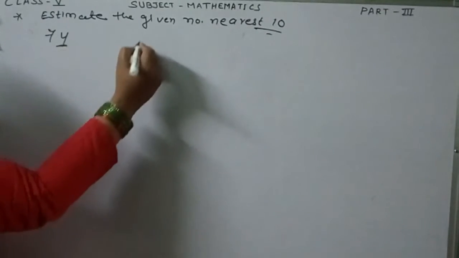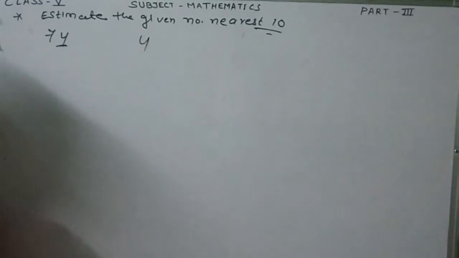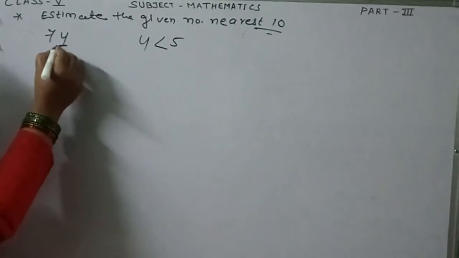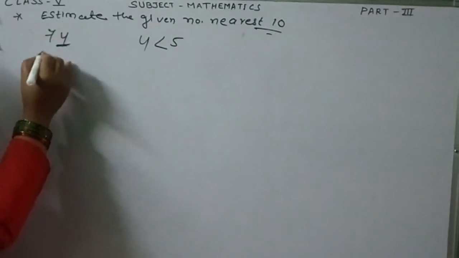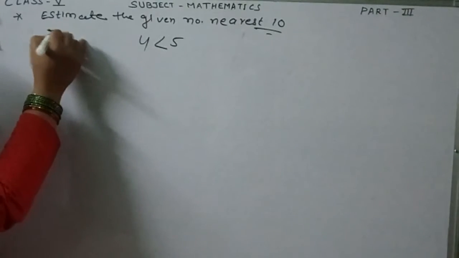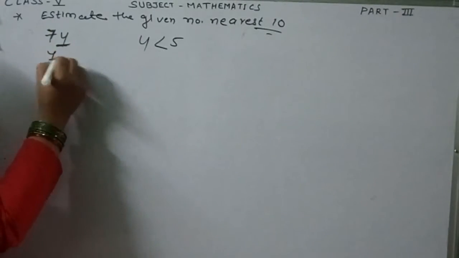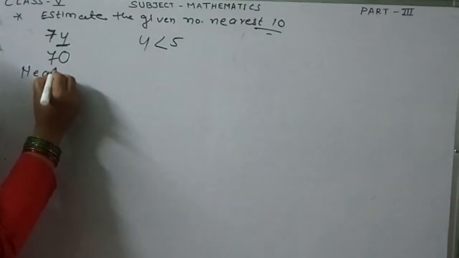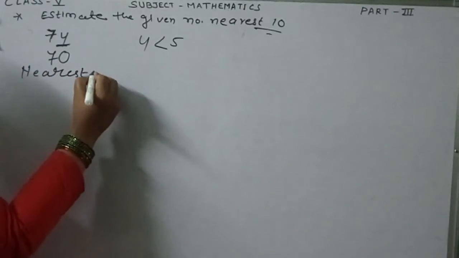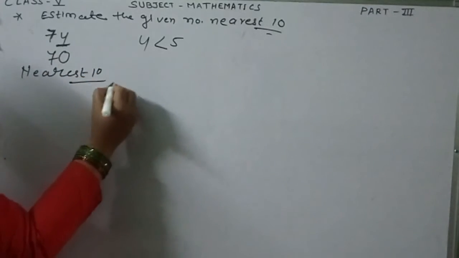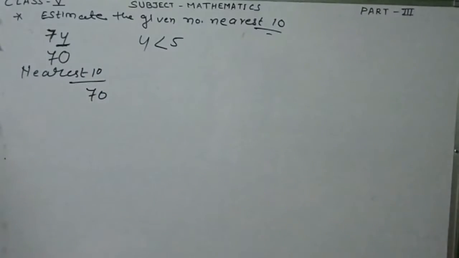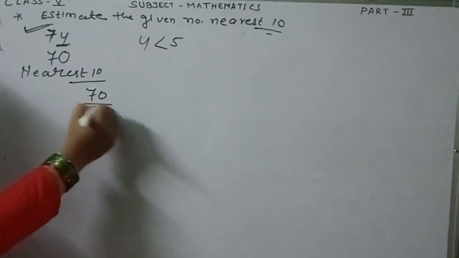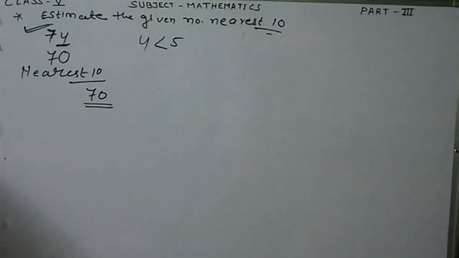Here the ones digit is 4. Is 4 less than or greater than 5? 4 is less than 5, so there is no need to add one more. Simply write 7 and the ones digit is 0. The nearest 10 is 70. The estimated value of 74 is 70.